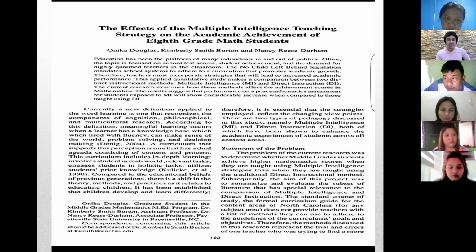So pag meron kang another study na nakuha na yung strategy ay hindi nakaka-apekto sa academic achievement, therefore, ang tawag doon is conflict na yon. So hindi ka titigil hanggat di ka nakakita ng conflicting findings. Ibig sabihin, magkakaiba yung mga findings nila.